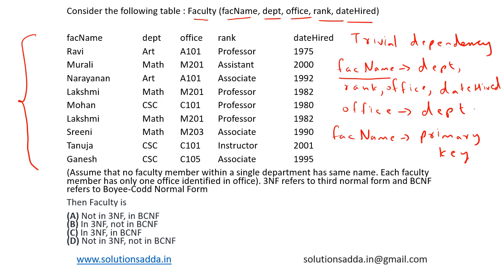So consider the second functional dependency. Here, the functional dependency office determines department is not in BCNF because office is not a super key, but it is in 3NF as department is a prime attribute, because department, rank forms a super key.